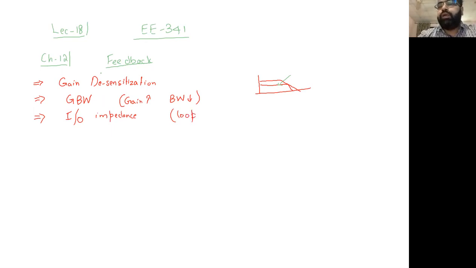gain. When we talked about this, we took an example of a common gate amplifier, and we said we are not generalizing at this moment, but we concluded something, and I will redraw the circuit again to emphasize that point.